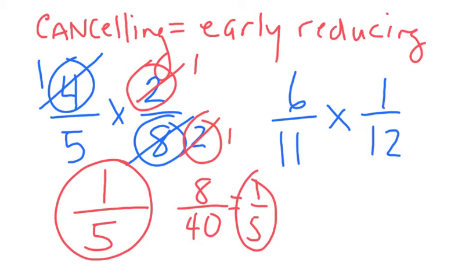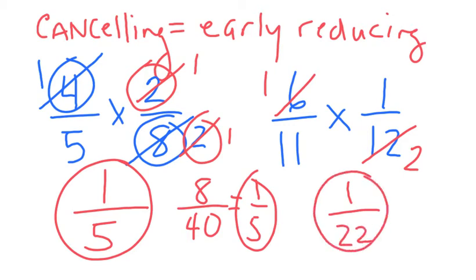Does anything cancel? Yes, the 6 and the 12 will cancel because 6 goes one time into 6 and 2 times into 12. 1 times 1 is 1. 11 times 2 is 22. If you didn't choose to cancel, you'd say 6 times 1 is 6. 11 times 12 is 132, I think, without multiplying it out.